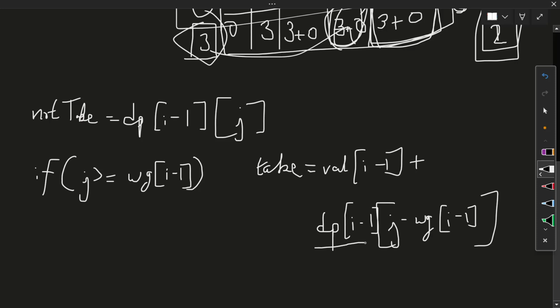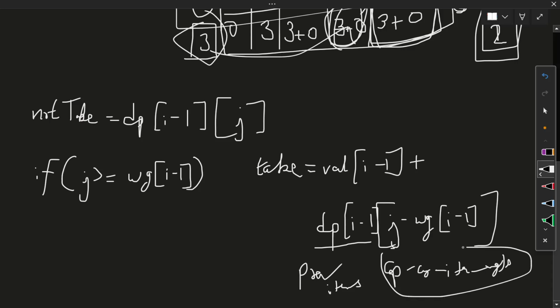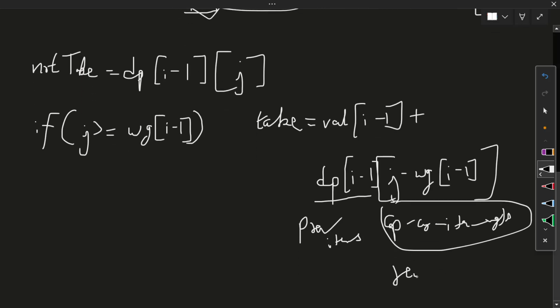So what it means is, from the previous items, if I take bag capacity minus current item weight, this represents the remaining bag capacity.